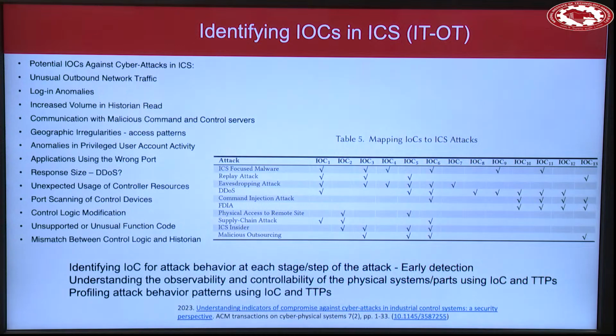So what could be the potential indicators in an IT/OT system? If I give some examples: unusual outbound network traffic. Sometimes what is happening is an example of an insider threat, for example, people sitting in the company sending out some data of the company.